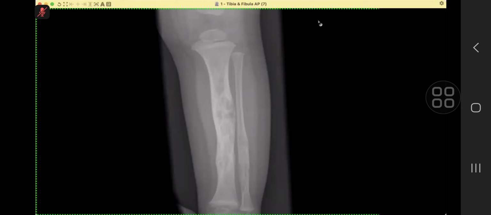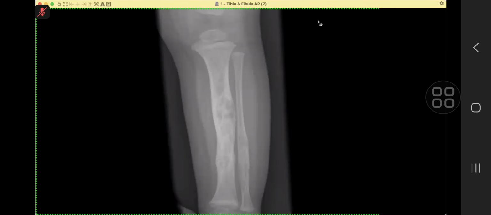This is a 1 year, 3-month-old female patient, swelling left leg. Sir, I've been presented with the frontal projection of an immature skeleton of the lower leg representing the tibia and the fibula, in which I can see a lytic expansile lesion involving the tibia, predominantly the diaphysis.